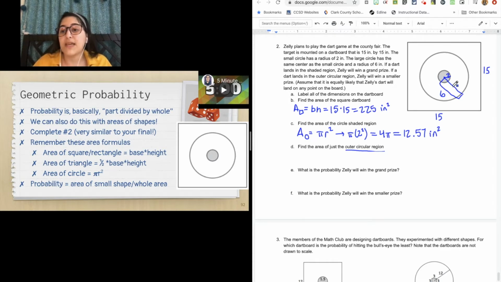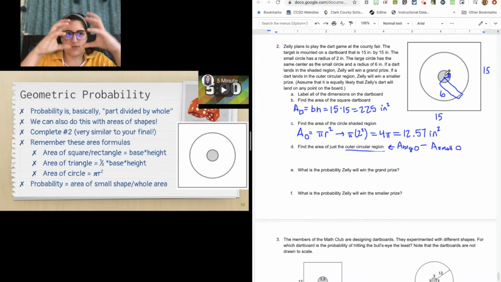So what that means is I have to find the area of the big circle, and I need to subtract the area of the small circle. It's literally like if you have a donut, you're taking the hole out of the middle. I have to subtract it.